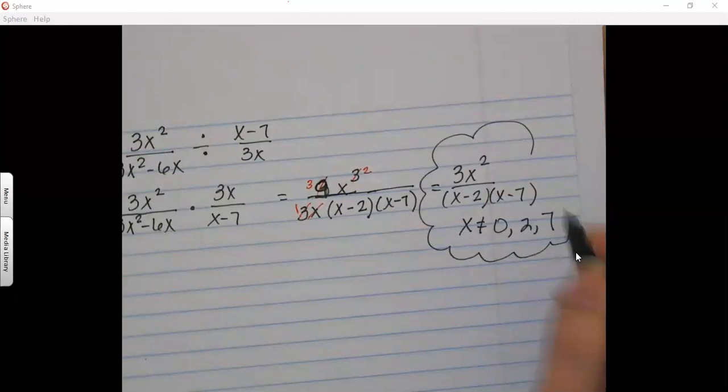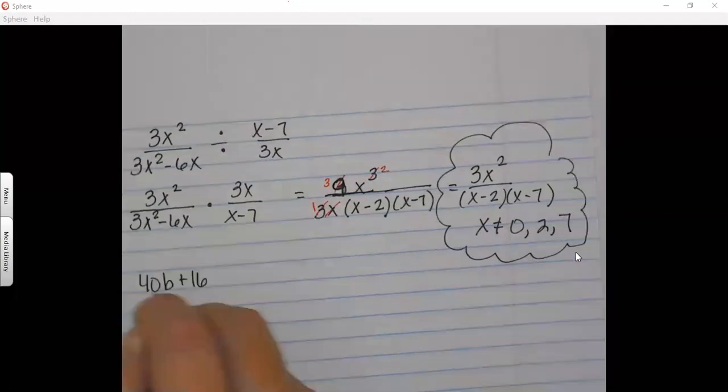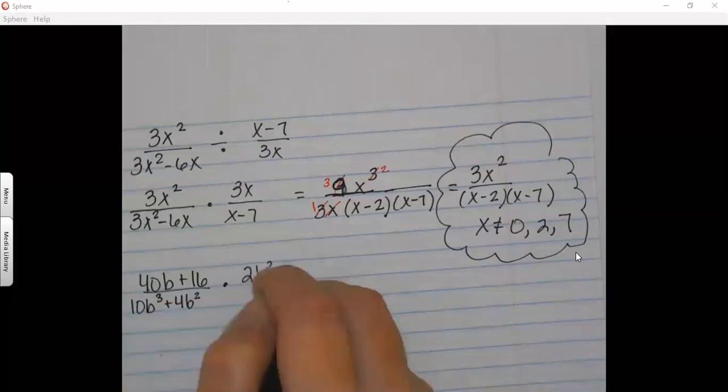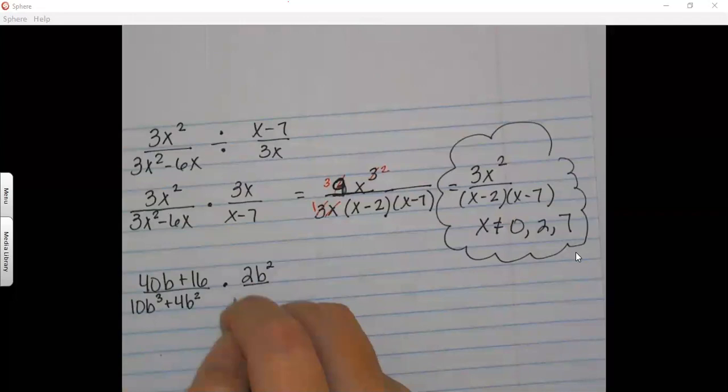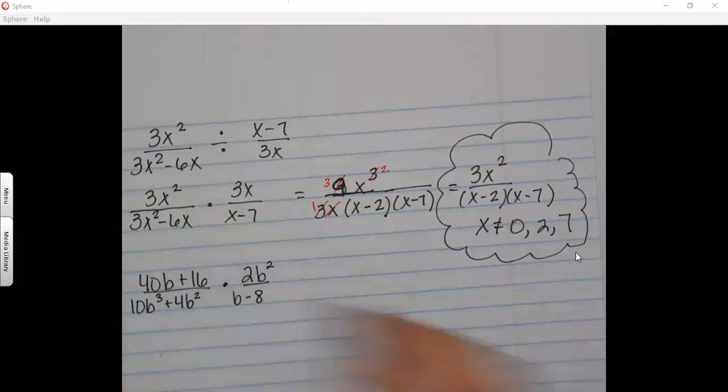Make sure you don't get your b's confused with 6's. And that's multiplication. So do I do the whole keep change flip thing on multiplication?